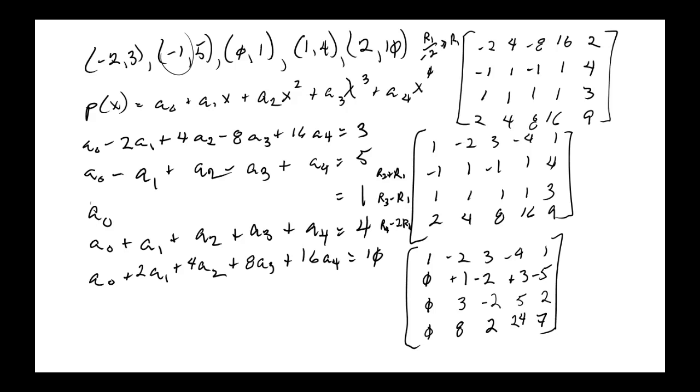It's equal to 3. If you have 2 points, what's going to fit that is a straight line, which is degree 1. 3 points will take a parabola to fit that, that's degree 2. 4 points, degree 3, and 5 points, degree 4. So that's what determines this.